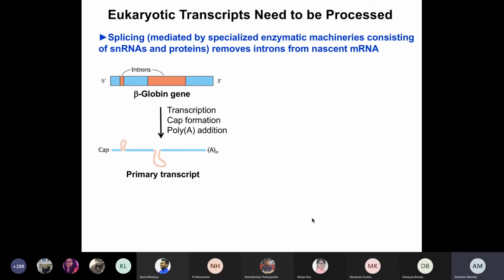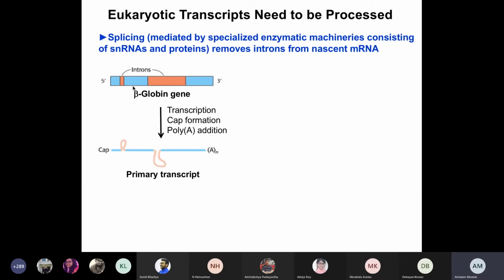So what is splicing? If you look into the mRNAs, there are certain regions. For example, here there are certain regions denoted as red. These regions don't contain the information which is needed for protein synthesis. It's only the blue regions which contain the information needed for protein synthesis.